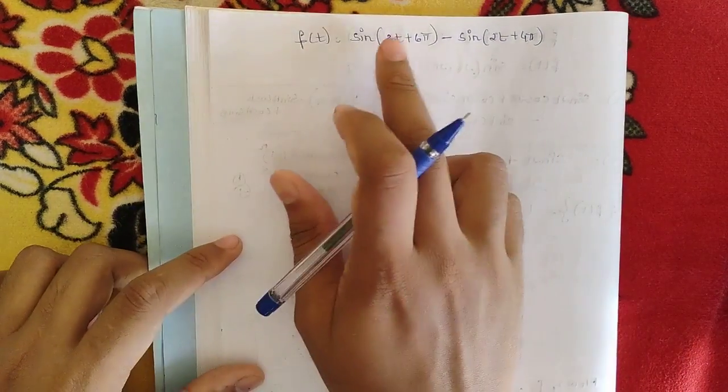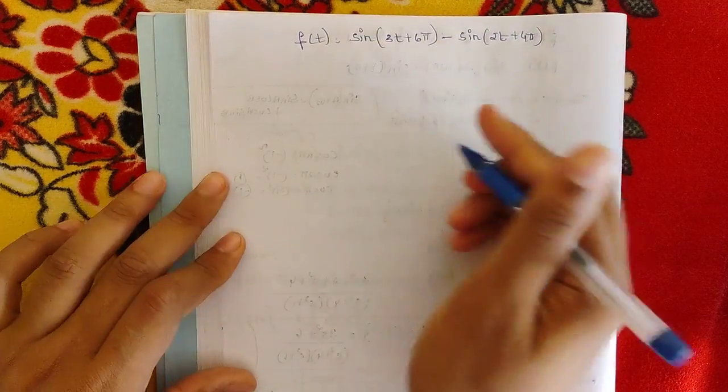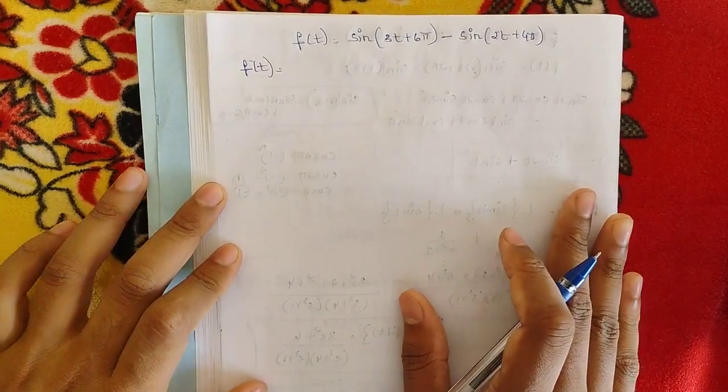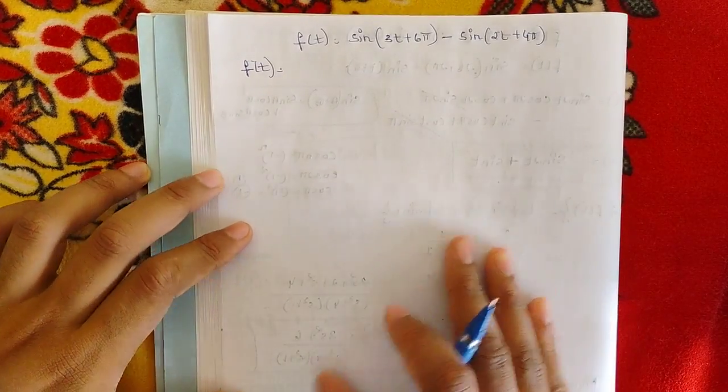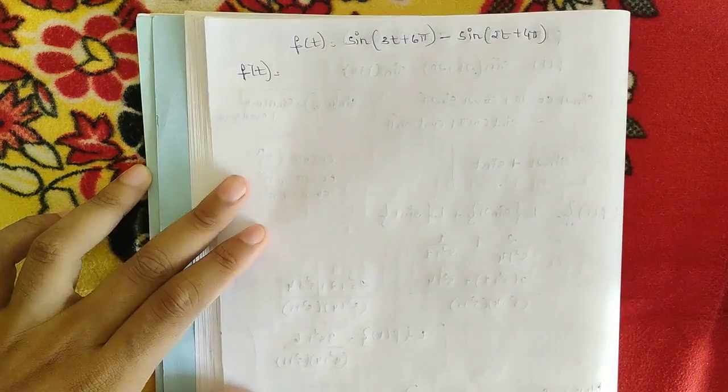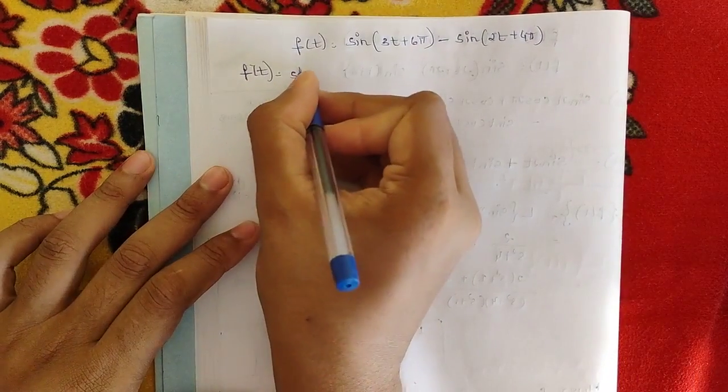Now again this is of the form sin (a plus b), here also sin (a plus b). Again apply the same identity, sin a cos b plus cos a sin b, and solve it further as we have solved it previously.